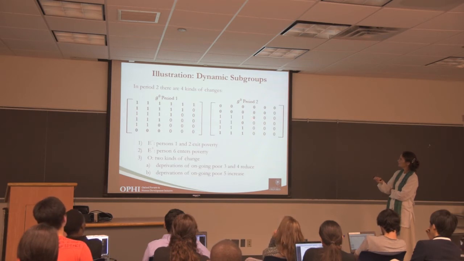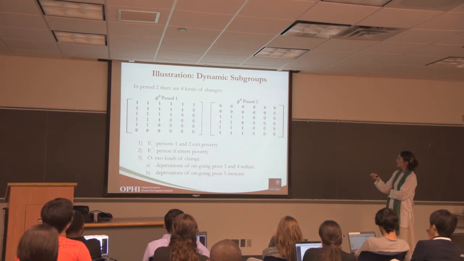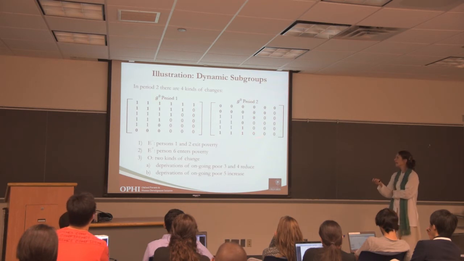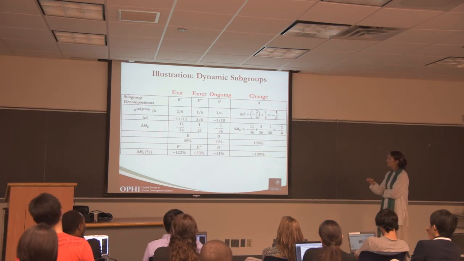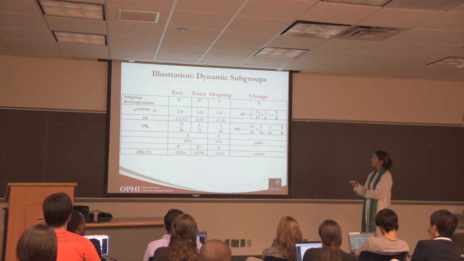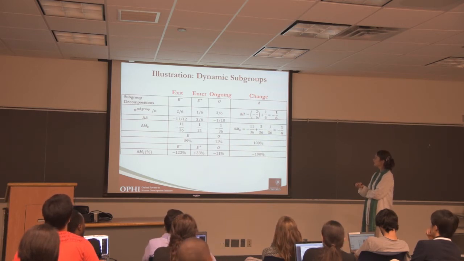So what is this one? Okay, you can then go up and see what particular deprivation this was. This person got rid of this one. This person got deprived in this one. So it's this kind of really analyzing both who entered poverty, which was this person, who exited poverty, which were these 2, and then the dimensional changes that enable you to say much more clearly what percentage of the change in M0 was due to people leaving poverty or due to changes in the intensity of those who remain poor.